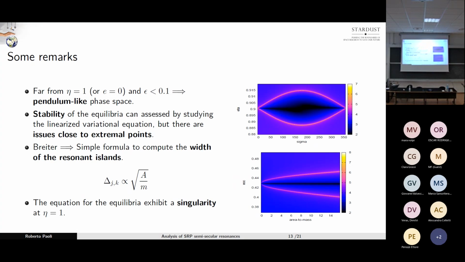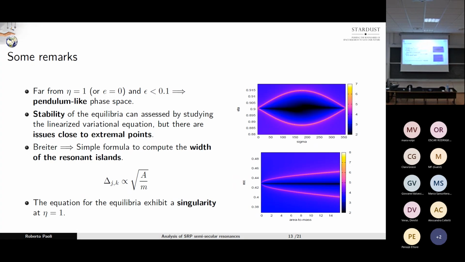Using the same approach, it is really easy to obtain formulas which are really unpleasant to see, so I don't introduce them here. But we notice that the amplitude of the resonant islands is proportional to the square root of the area-to-mass ratio. And this is pretty interesting.